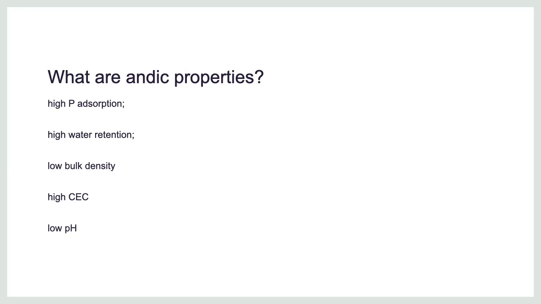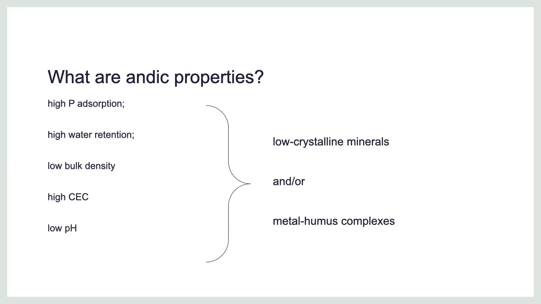So they can absorb a lot of phosphorus, water, they are light, they can absorb a lot of cations and present an acidic pH. These are in general the properties that we can see in the andic properties and the melanic epipedon.